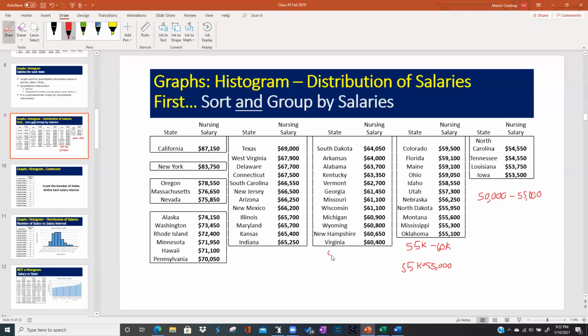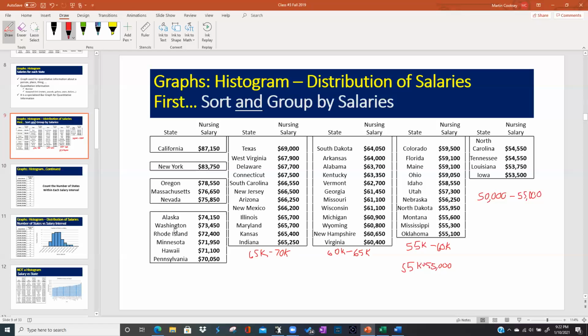And here we have 60K to 65K. And here we have 65K to 70K.